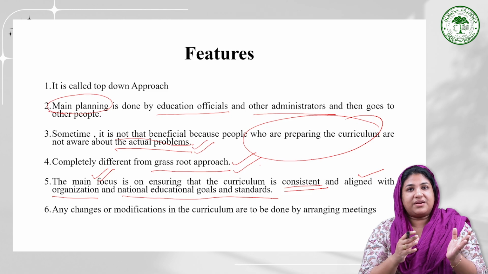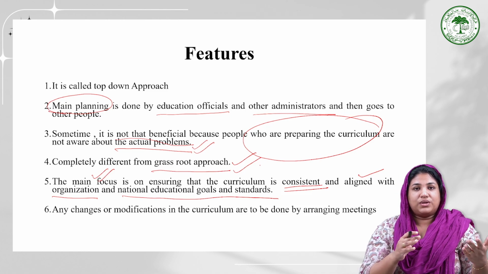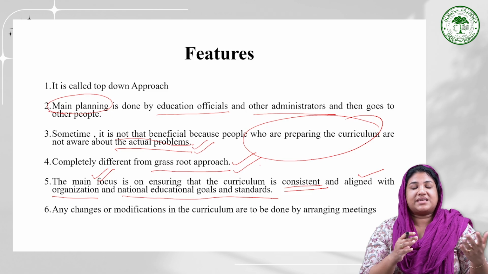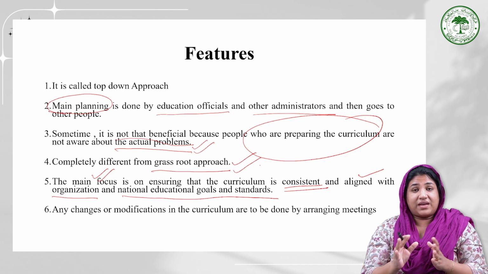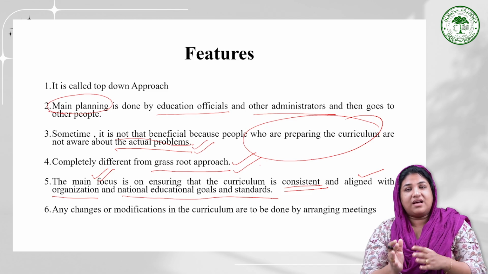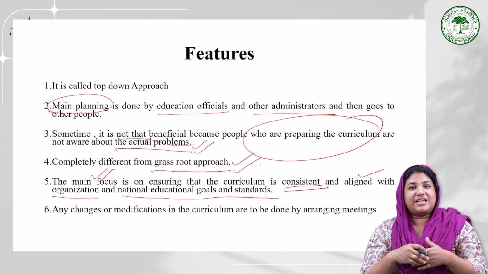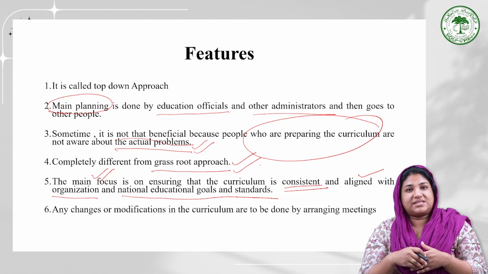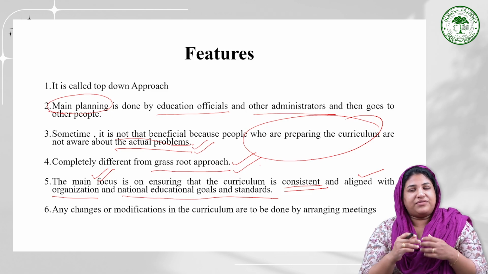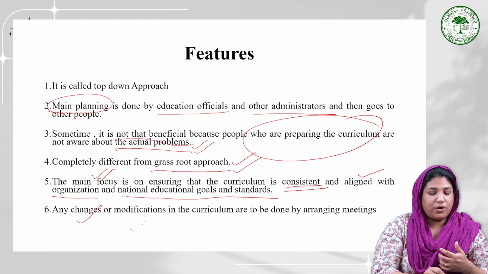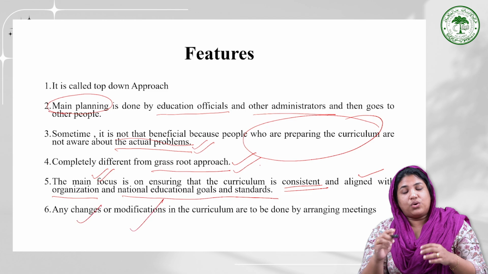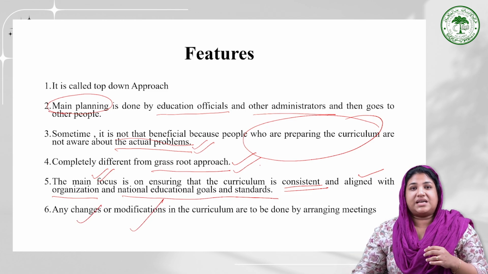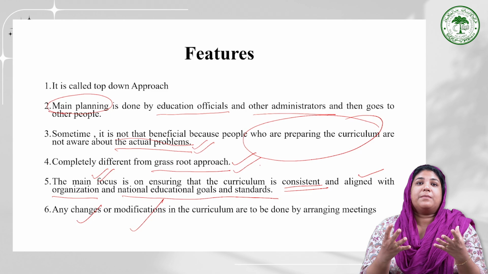So this curriculum follows the already set guidelines and principles. That is why it is aligned with the national or state educational goals and standards. Further, moving on to the next feature: if we want to make any changes or modifications in this curriculum, those changes and modifications are done by arranging certain meetings.